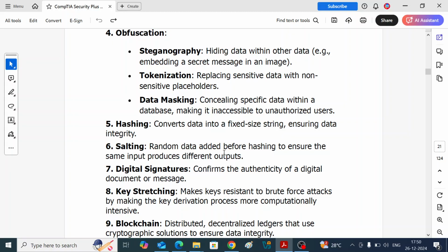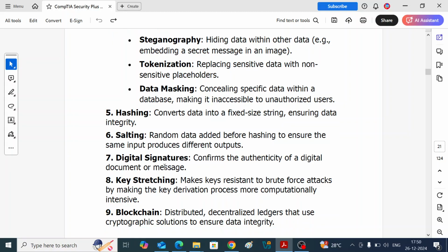The most commonly used SHA is SHA-256, which processes 512-bit blocks to produce a 256-bit message digest. So I think that's enough information on hashing.